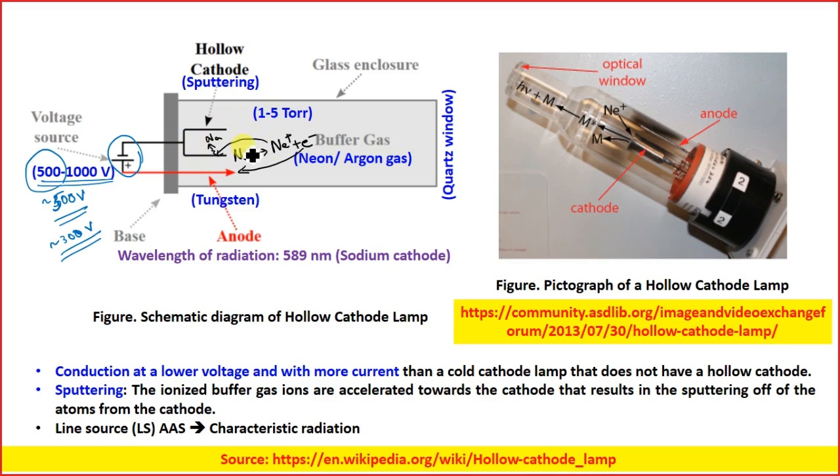Likewise you will have a lot of sodium atoms generated. This process of striking of the neon plus ion and dislodging the sodium atoms is called sputtering. Now when the sodium is dislodged, it is at a high energy state. Say I put it as this dark circle here.